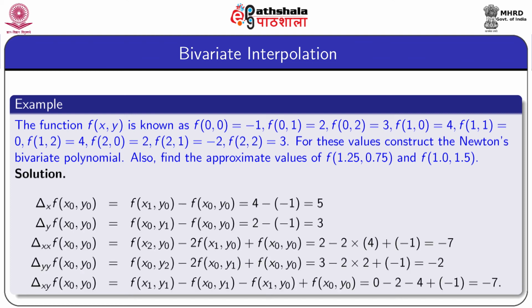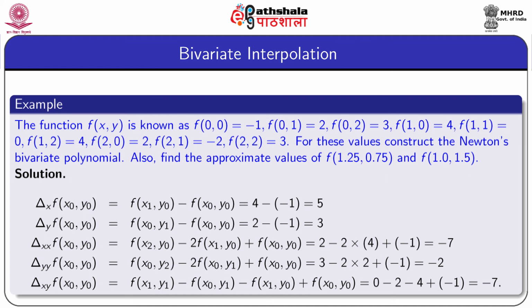So, for this problem, delta x of f of x0 y0 equal to f of x1 y0 minus f of x0 y0 equal to 4 minus of minus 1, that means the value of f of x1 y0 equal to 4 and value of f of x0 y0 equal to minus 1. Thus, finally delta x f of x0 y0 equal to 5.